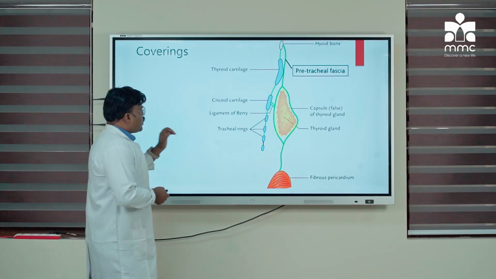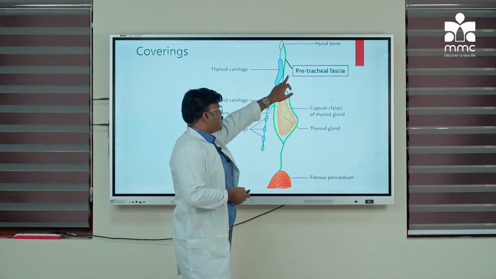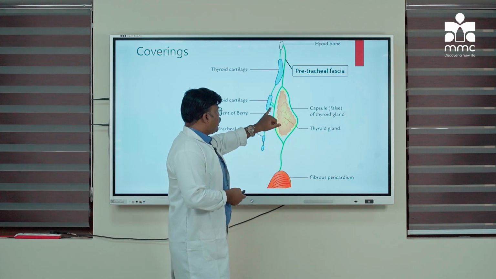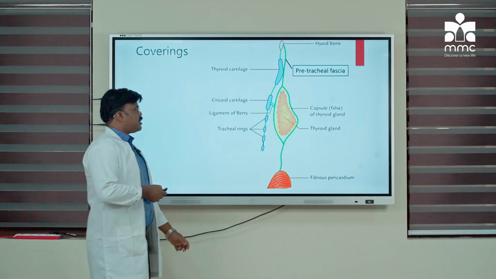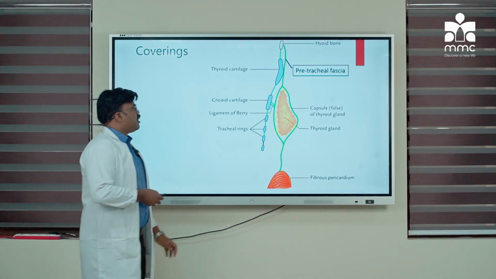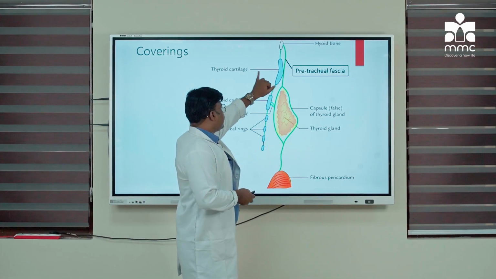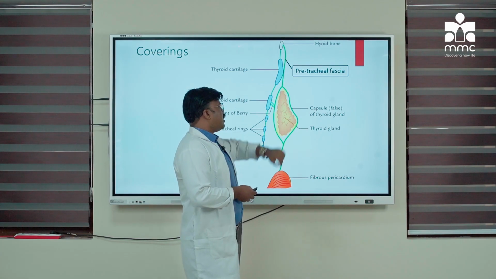The outer covering, the false capsule, is formed by the pretracheal fascia, which splits up and encloses the gland. Posteriorly, at the posterior part of the lobe, it condenses and forms a ligament that you call the ligament of Berry. Superiorly, it also attaches to the oblique line of the thyroid cartilage and to the hyoid bone.